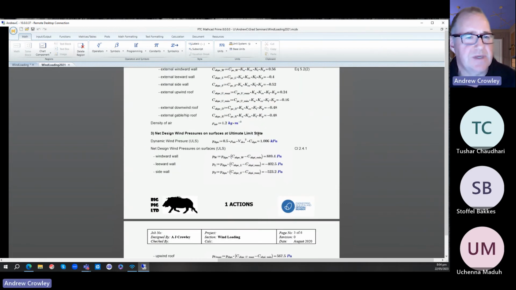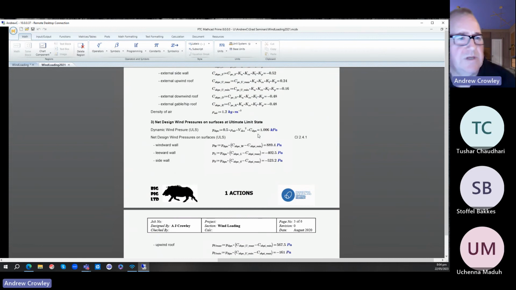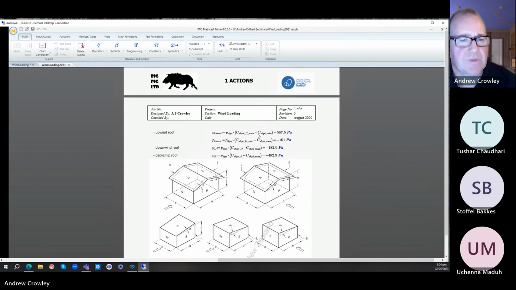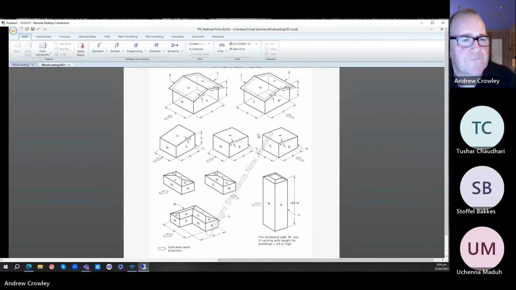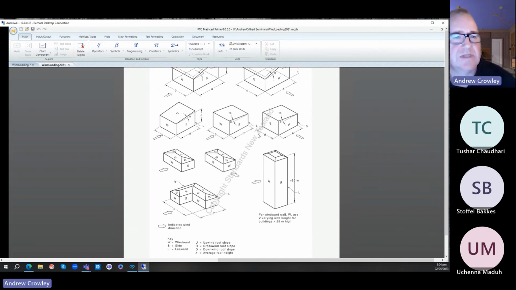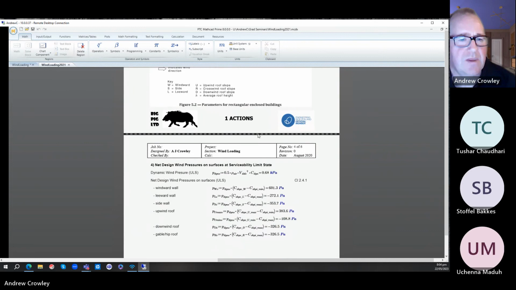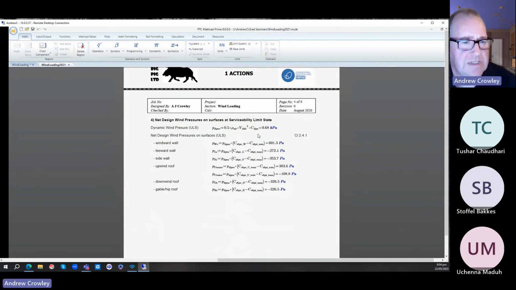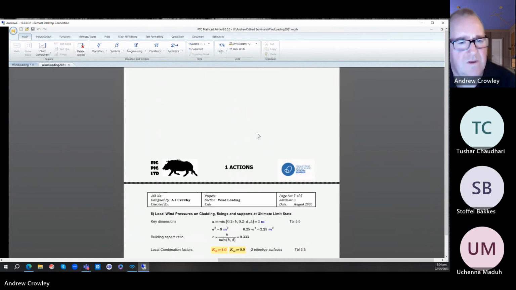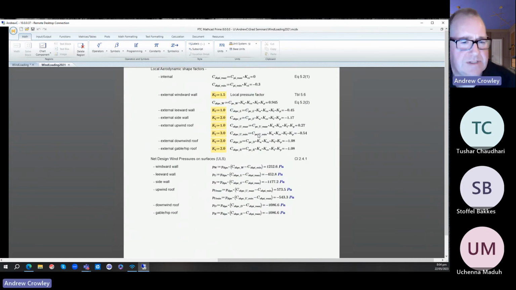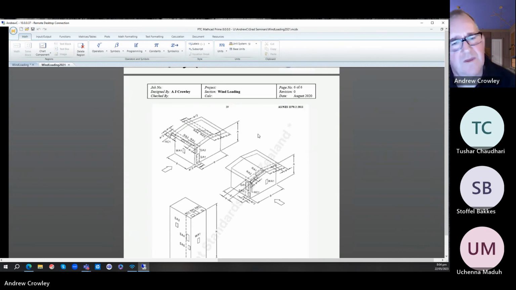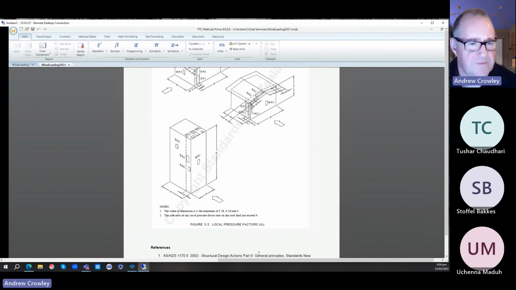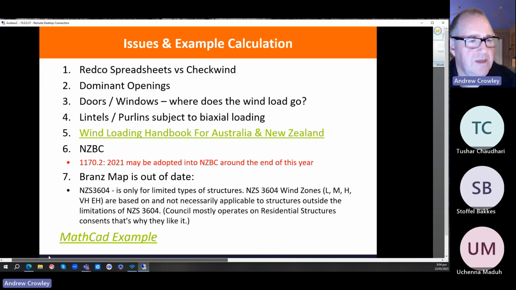And we do the same thing again, derive the ultimate wind pressures. Each of the surfaces, windward, leeward, sides, and so on. And look at serviceability wind states and our local wind pressures. Let's see where they apply. Okay.